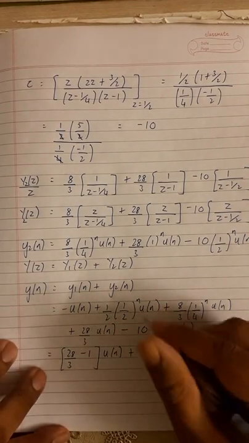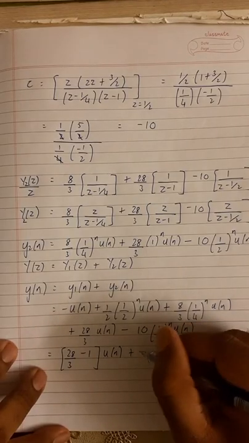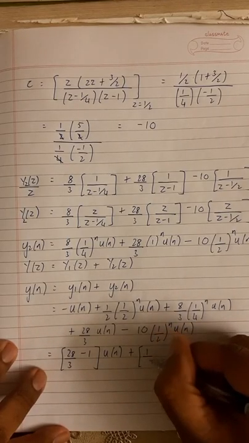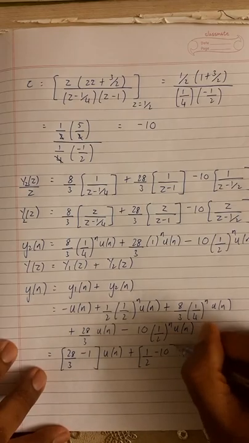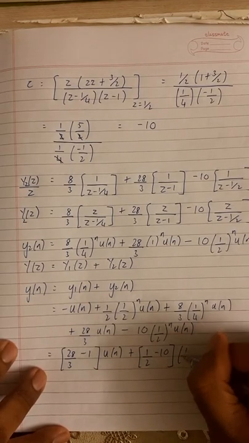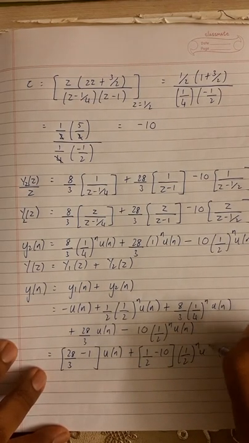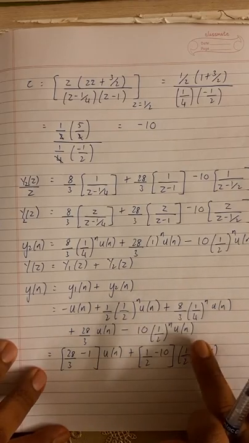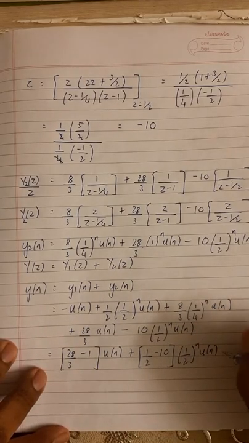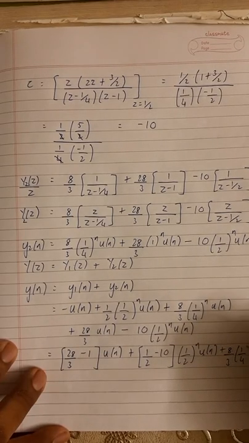So this will become 1/2 minus 10 into (1/2)^n u(n). And there is nothing to combine here, so this is written as plus 8/3 (1/4)^n u(n).